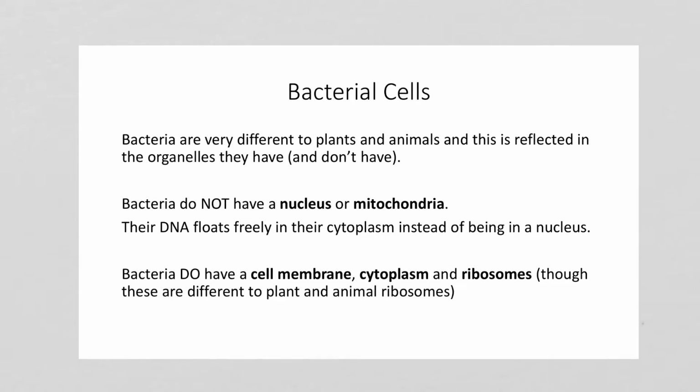The two that you really need to remember are that bacteria do not have a nucleus or a mitochondria. And for those of you who remember lesson 1, you'll be thinking, oh, if they don't have a nucleus, they must not have any DNA. Well, that's not entirely true. If they don't have a mitochondria, then that means they can't do aerobic respiration to release energy needed for the different things going on inside the cell.